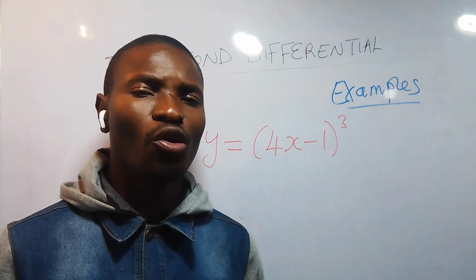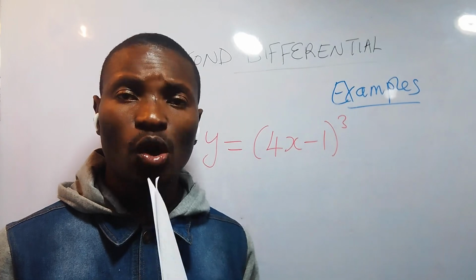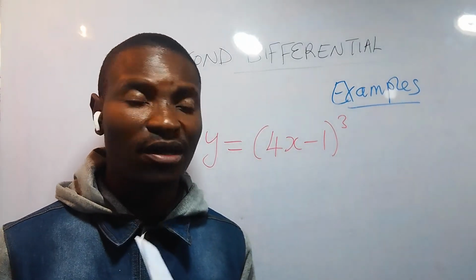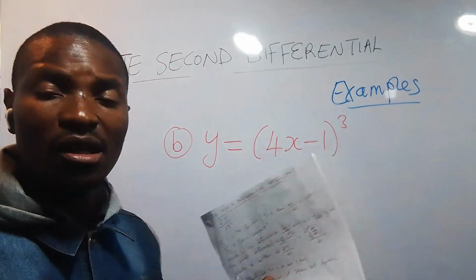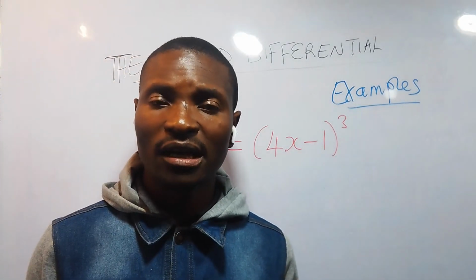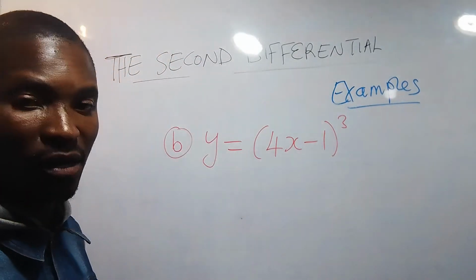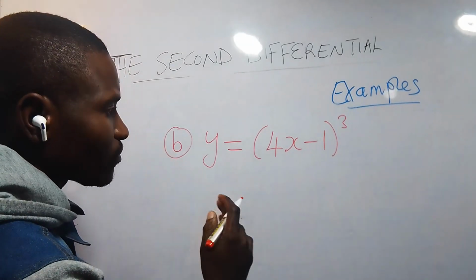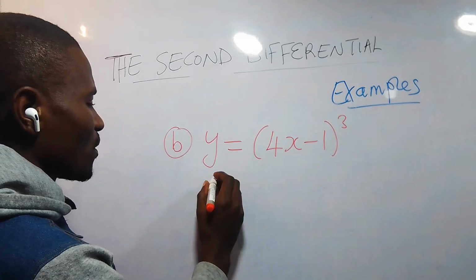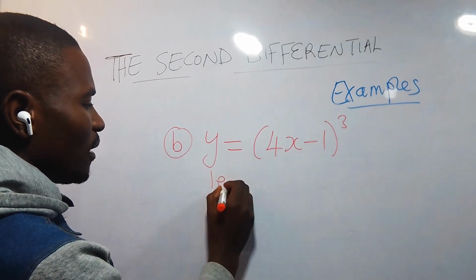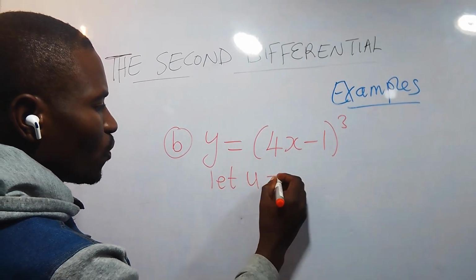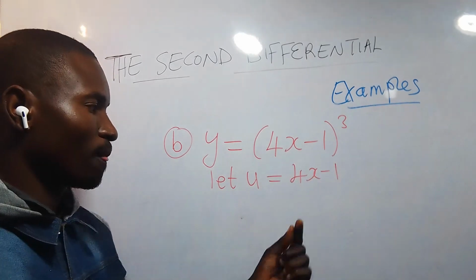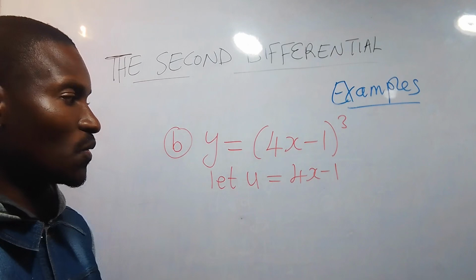If you didn't watch my video, please go back to the video in which I showed you how to differentiate a function with higher power, so that we understand what we are talking about. First of all, let u equal this term inside the bracket.